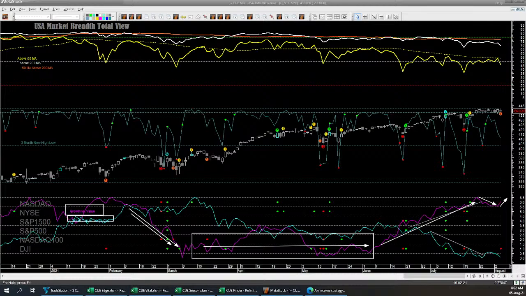And if we look at the performance of small cap versus large cap, that is continuing to decline. So small cap is doing poorly, still with a lower high and lower low.